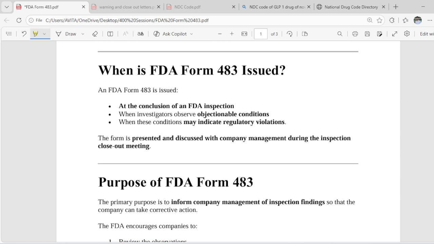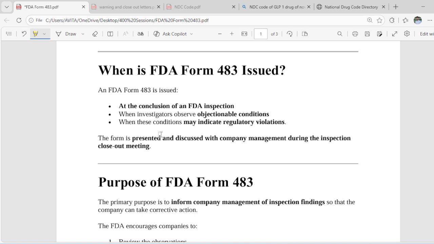So the next question is, when is the FDA Form 483 issued? The first case could be at the conclusion of the FDA inspection if they observe any discrepancies, or when the investigator observes an objectionable condition that may indicate regulatory violations.